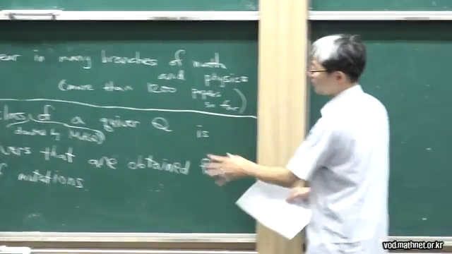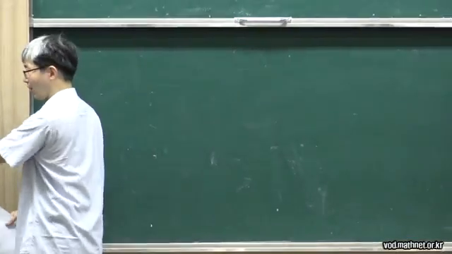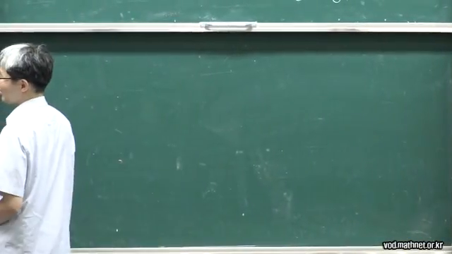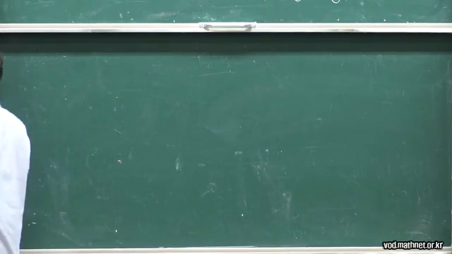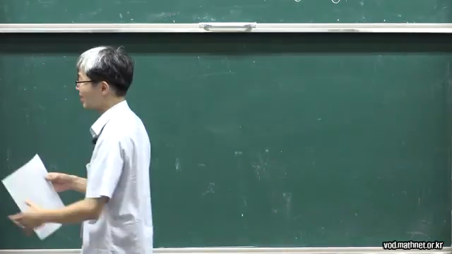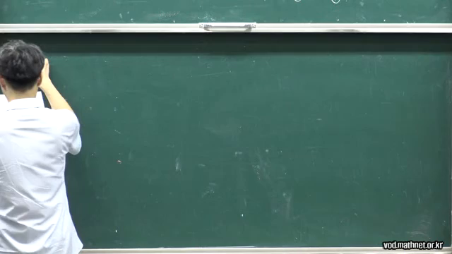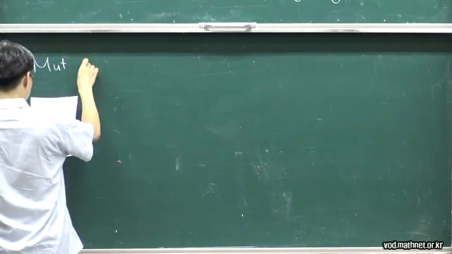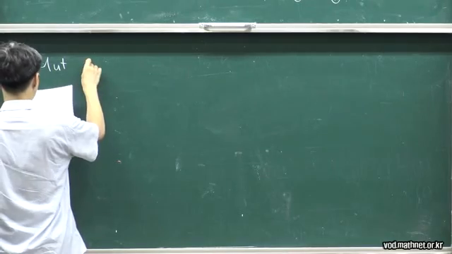In particular, if this mutation class is finite, then it's really hard to tell. I mean, if this is finite, then almost all quivers are fairly simple. Actually, this finite mutation class is completely classified.